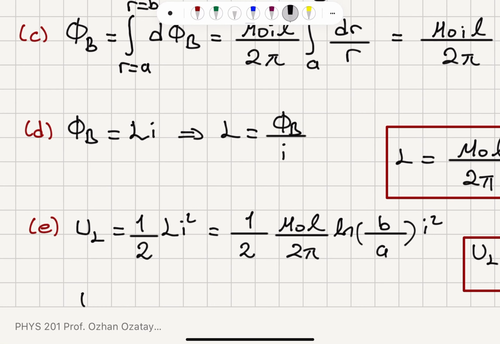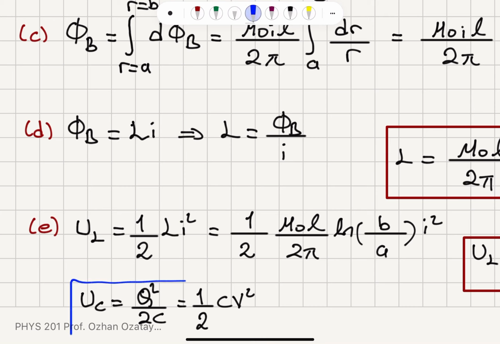In the case of capacitance, the energy stored is Q squared over 2C or 1 over 2 CV squared.